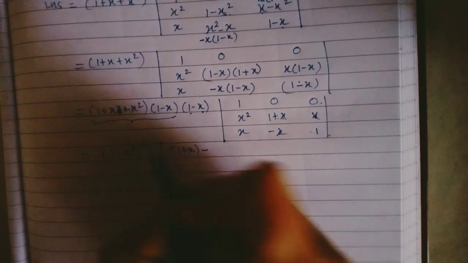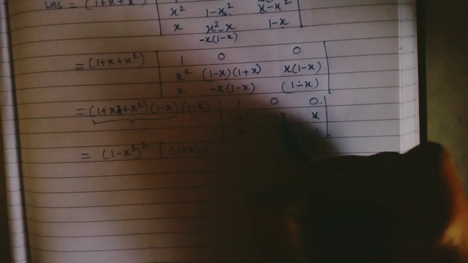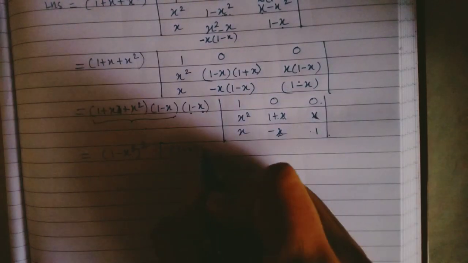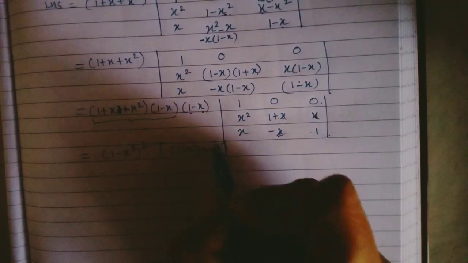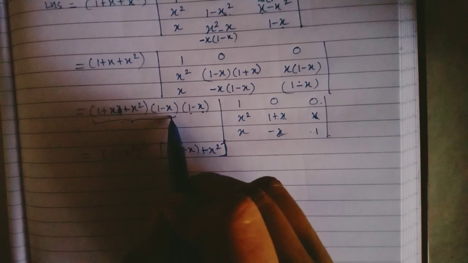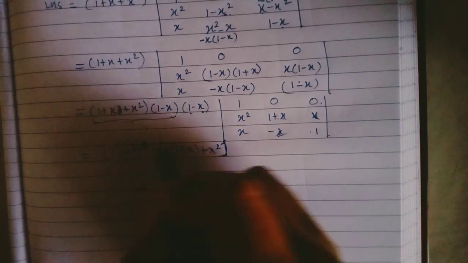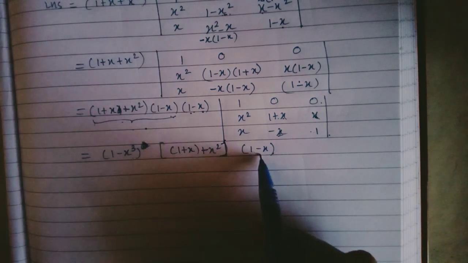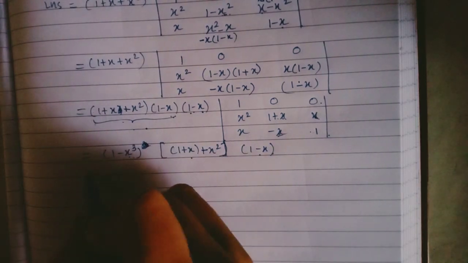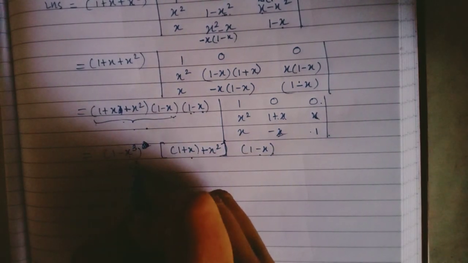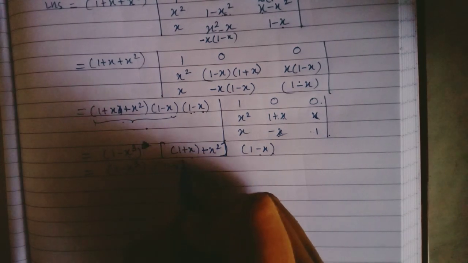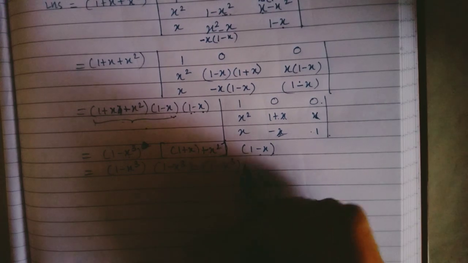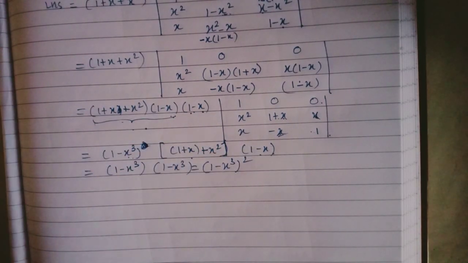No, this is right. So this is 1 minus plus x square. Okay, here we made a mistake. This is 1 minus x cube and this is 1 minus x. So this together will give you 1 minus x cube, and that is our 1 minus x cube the whole square.